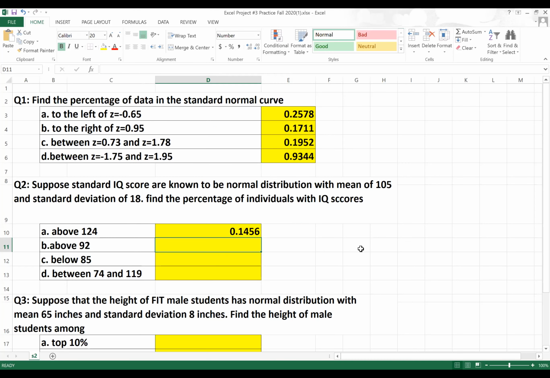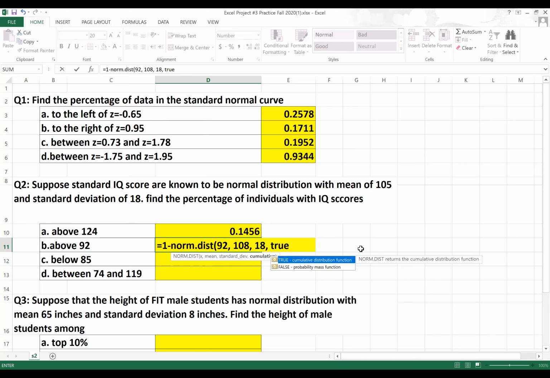Second one is above 92. So you're going to do 1 minus, the total area under the bell curve is 1, minus the area to the left. You get the area to the right. So NORM.DIST, and put in the x value, 92 here, the IQ score is 92, average is 108, standard deviation is 18.